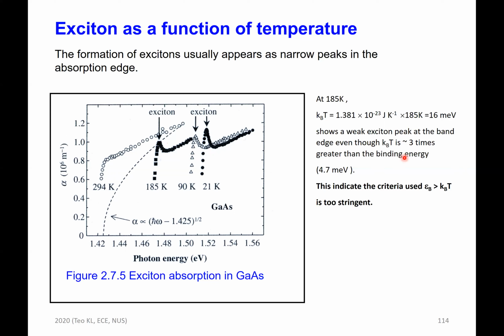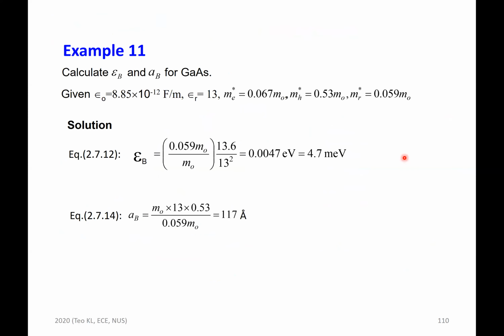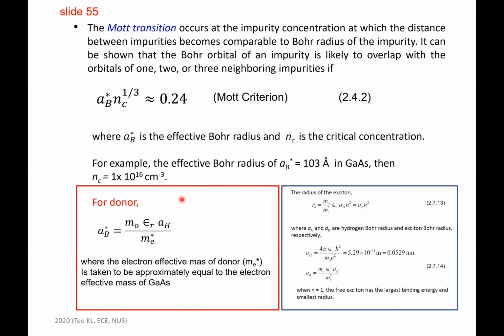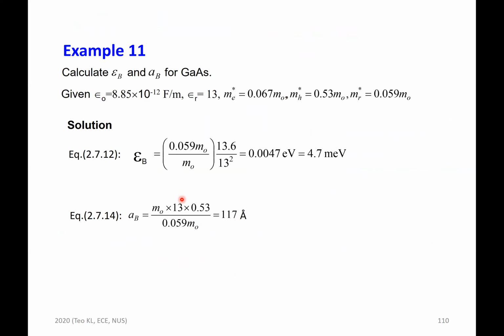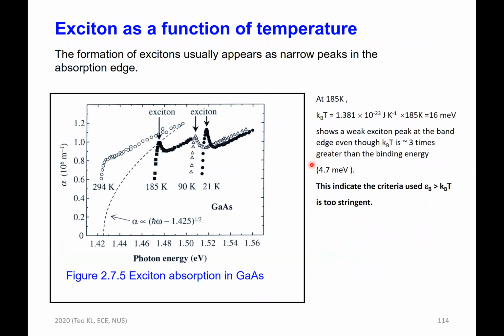Remember, we calculated the binding energy of gallium arsenide to be about 4.7 meV, or about 5 meV. So in principle, at 185 Kelvin, we expect we should not be able to see the exciton peak.